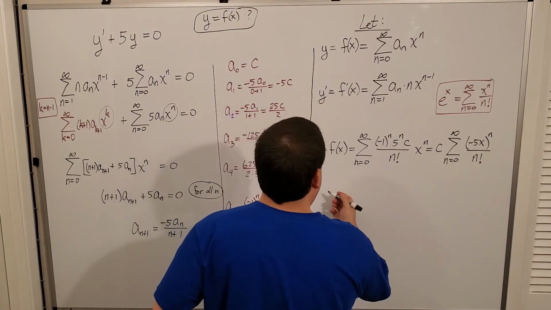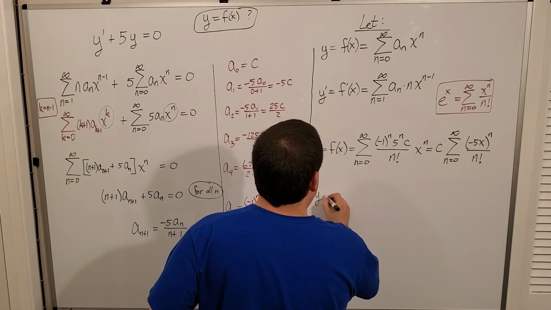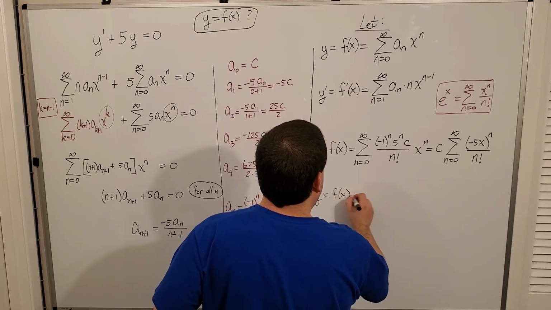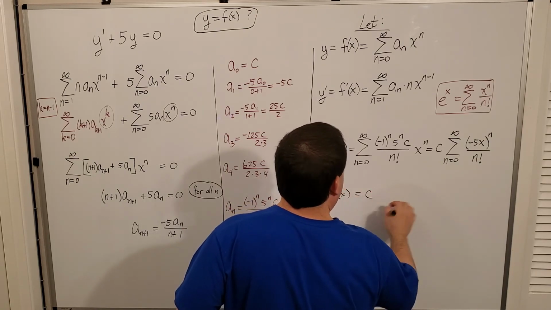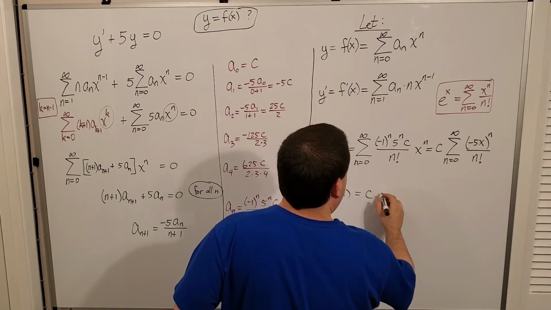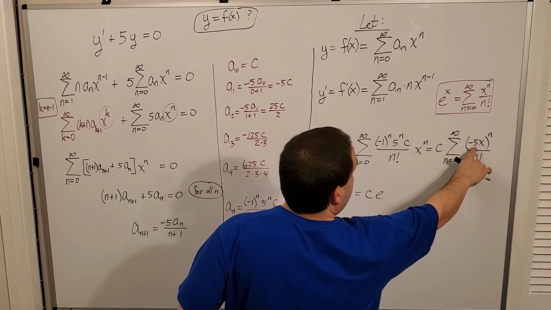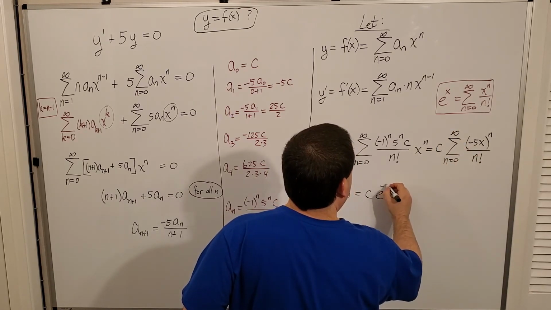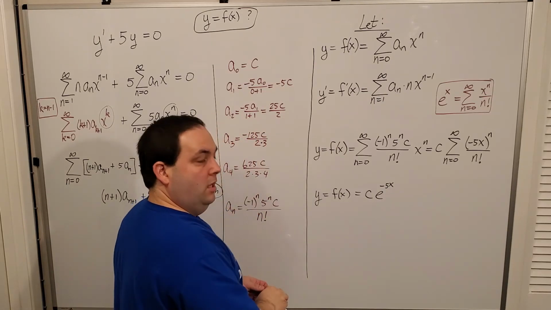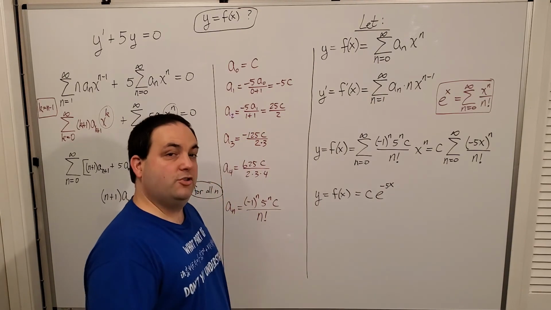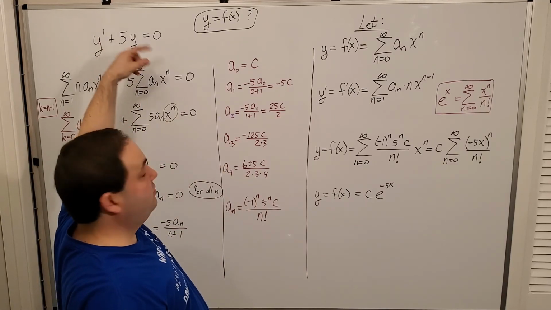Which means that one possible solution, you don't know if there's more or not, there may be, would be C, some constant, times e to the negative 5x. And of course the C comes from the constant of integration, if you will. We had a derivative here and we were solving it.